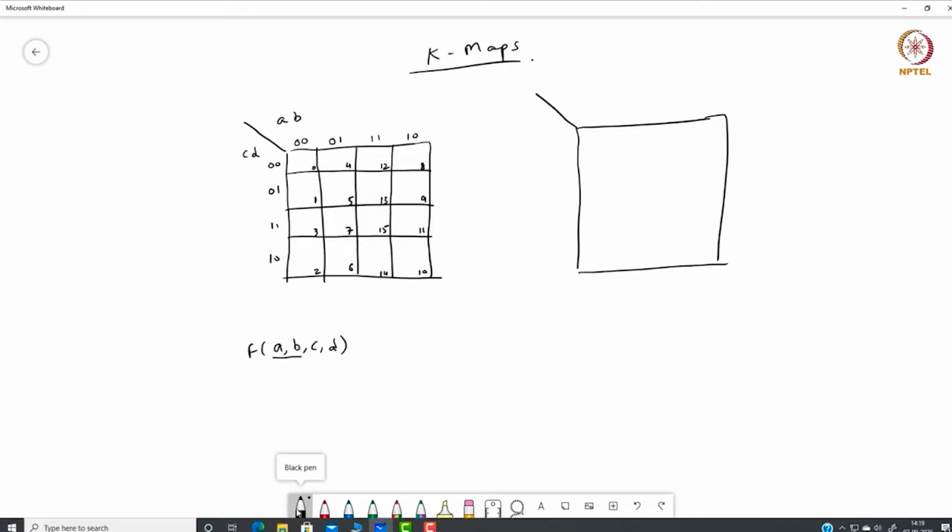Sometimes this K-map can also be drawn differently, where we take the transpose of this K-map. We can say that A and B, which are more significant, are lying on the side, and C and D, which are less significant, are on the top.